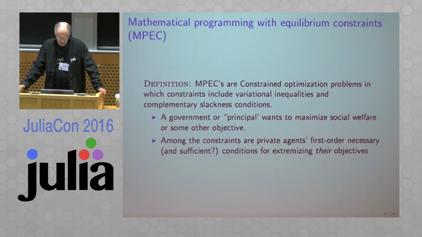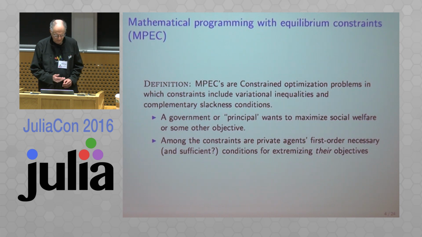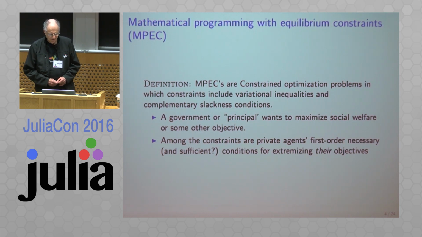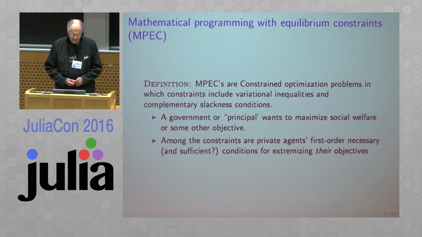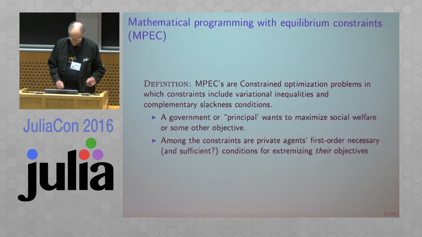So among the constraints that the principal faces are private agents' or other people's first order necessary, and hopefully sufficient, conditions for extremizing, maximizing, or minimizing their objectives. So a mathematical program with equilibrium constraints is a multi-agent problem.